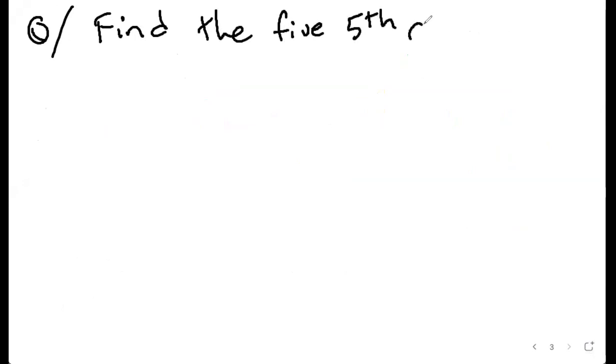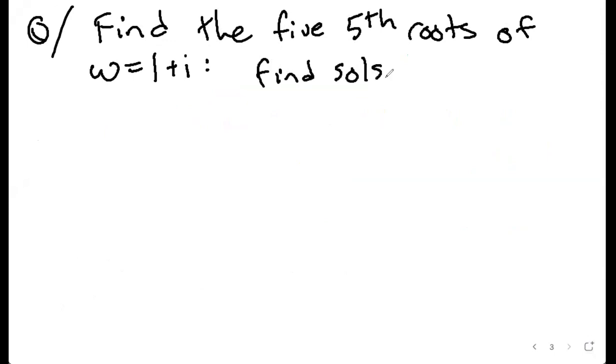So our running example is going to be find the 5 fifth roots of W is equal to 1 plus i. So alternatively and equivalently, I can say find solutions to z to the 5th is equal to 1 plus i.